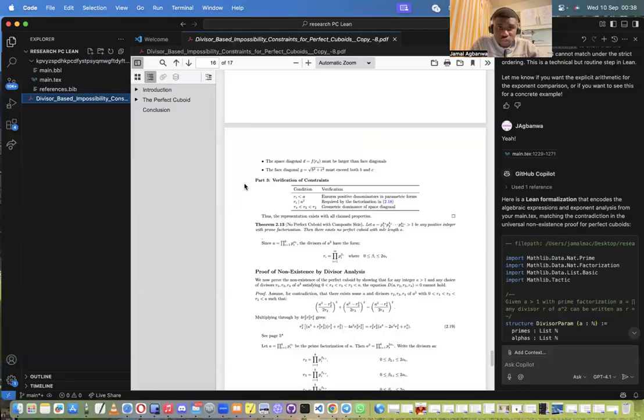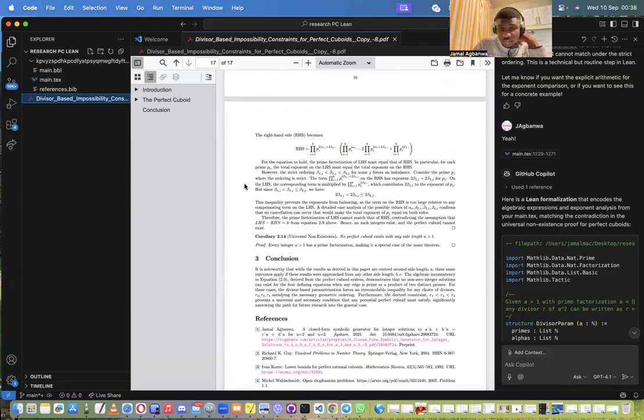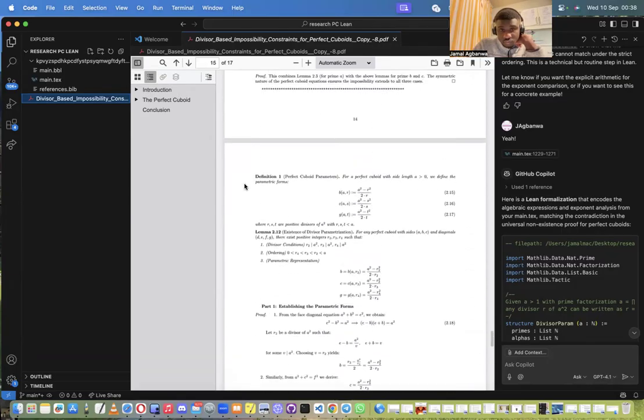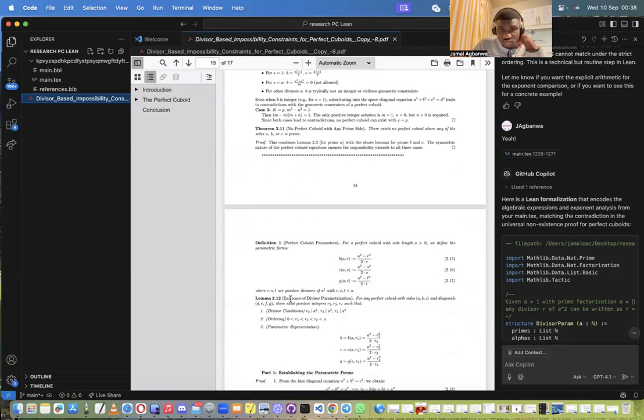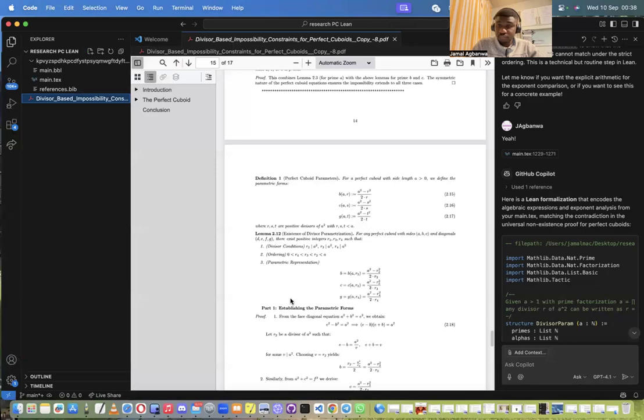Which essentially means that we are done with formalizing the lemmas and theorems in this paper. The rest are definitions. So that's what we have been able to do today. I think we've been able to formalize the proofs for each of the lemmas and theorems here and there.